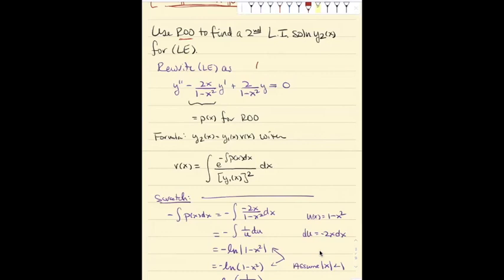This is the standard form of our second order variable coefficient differential equation, and we do that so we can get p of x. Then recall that for reduction of order, the second linearly independent solution, y2, is going to be y1 of x times v, where v has the form that you see right here. Hopefully that's all a review.